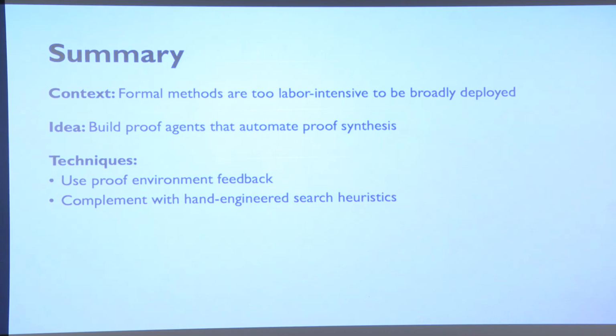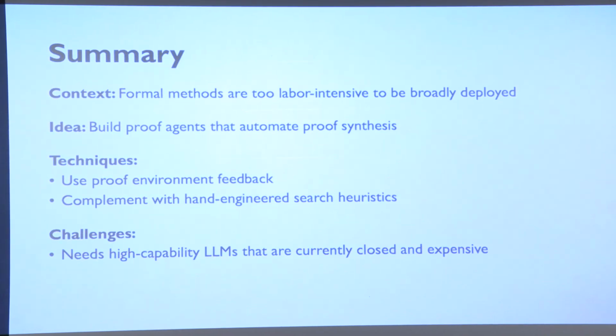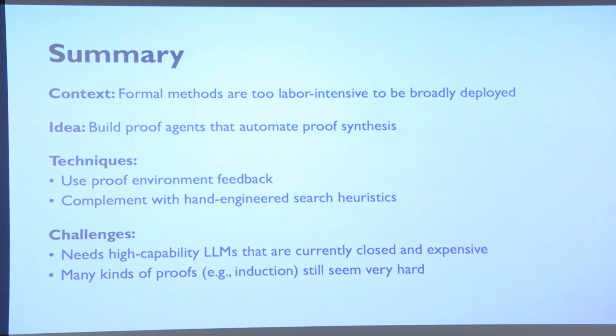The main idea so far is using this sort of proof environment feedback, and you can complement this with hand-engineered search heuristics as well. We, in fact, do that, although I didn't go into details. But there are lots of challenges. One big issue is that you need to have these high-capability LLMs, like GPT-4, and these are currently expensive.